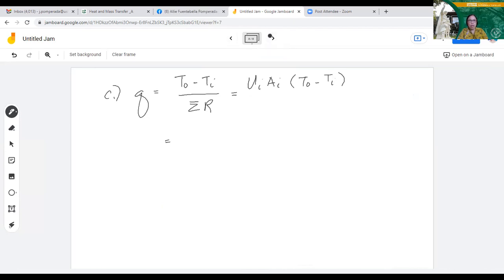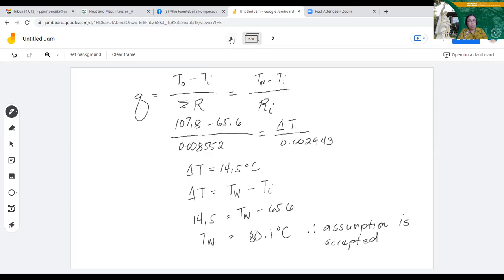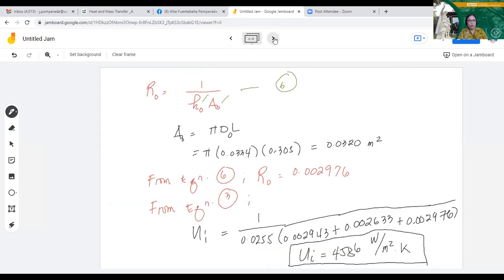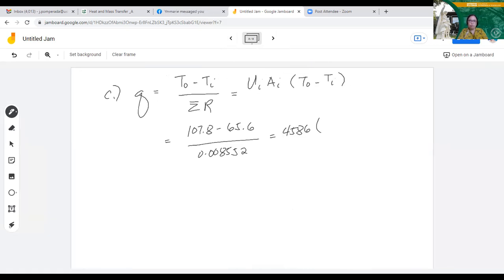So if I place in here 107.8 minus 65.6 divided by summation of resistances of 0.008552, this should also equal U sub i, 4586, the one I just read, times the inside area, 0.0255. Just place it in here because it will not fit already.